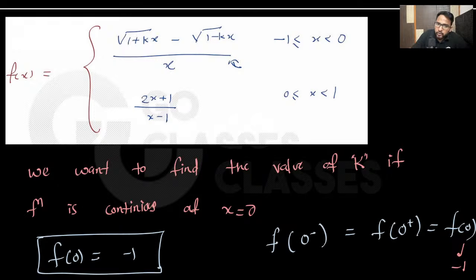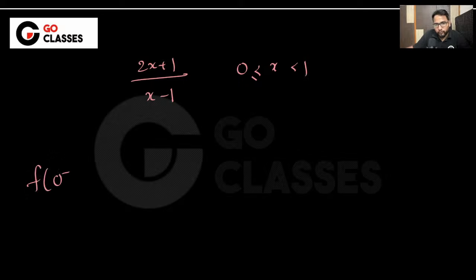For 0 plus also you are going to apply the same thing, which is 2x plus 1 upon x minus 1, and x is defined here in this range. That will be 2 into 0 plus 1 upon 0 minus 1, which is coming out to be minus 1.